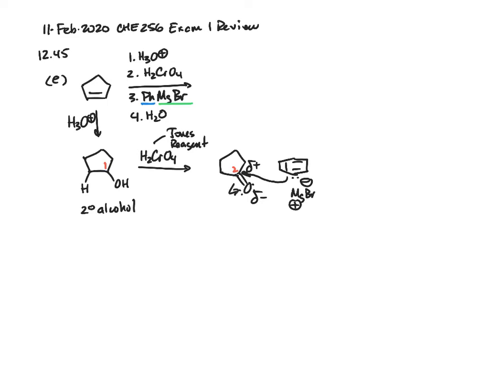Once you form that carbon-carbon bond, it's now a reduction because it's going back to an alcohol. So what classification of alcohol are you forming now? It's a tertiary alcohol. So that's the Grignard.